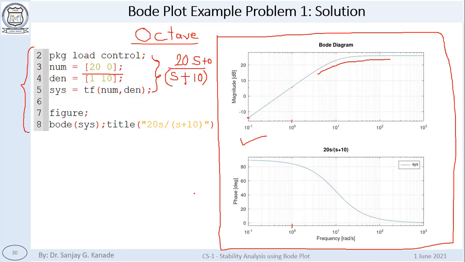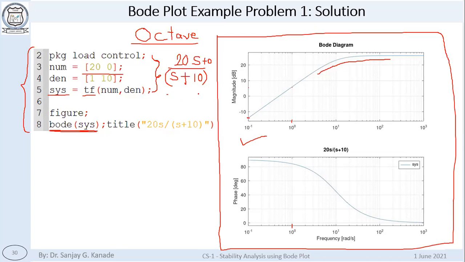Okay, so you see, to plot this Bode plot, the function is simple: bode(sys). This sys is the transfer function model of the system, and we are passing that transfer function model to the function bode. So this is what we have: the Bode plot of the given function.